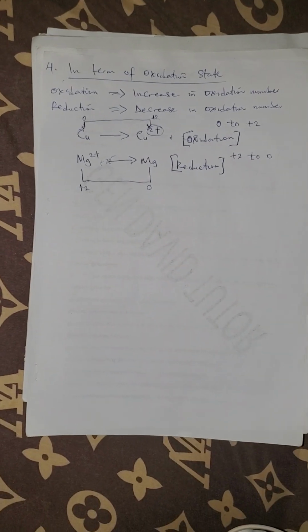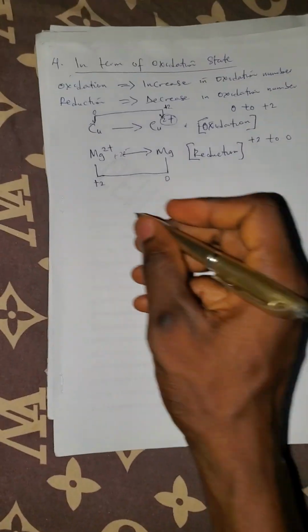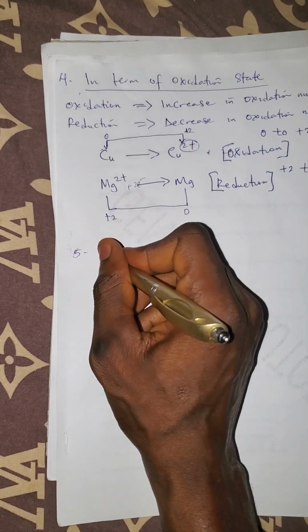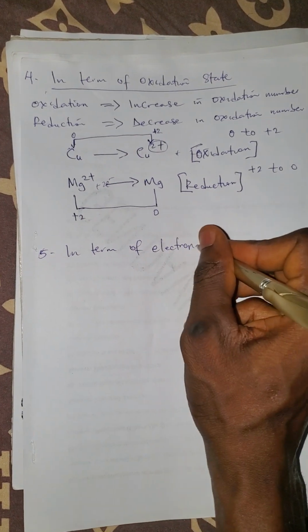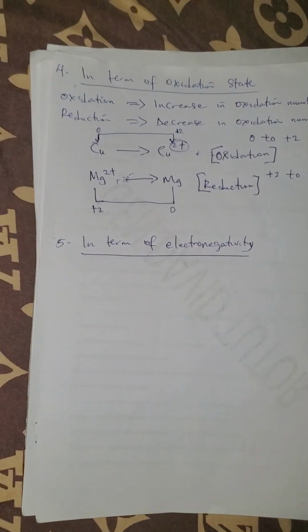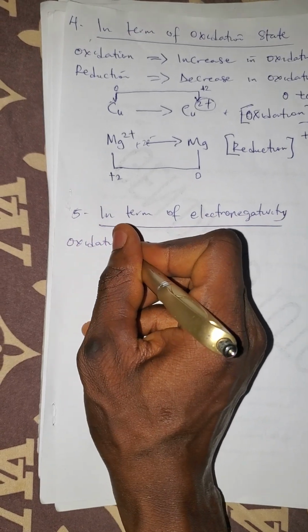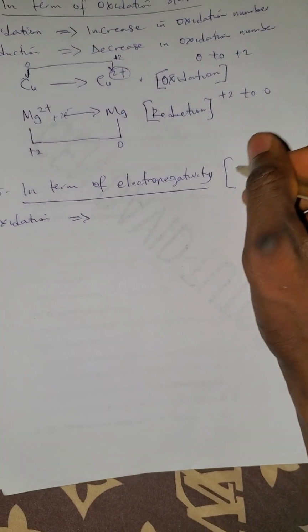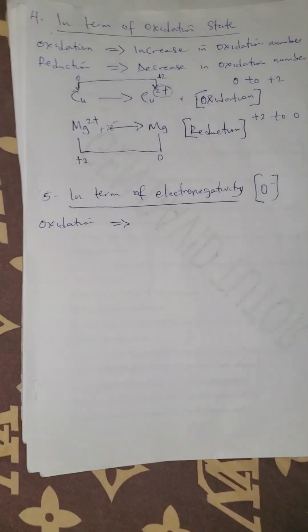Number 5 will be in terms of electronegativity. Now, in terms of electronegativity, what is oxidation? Whenever you want to define oxidation in terms of electronegativity, quickly remember oxygen, because oxygen is electronegative.